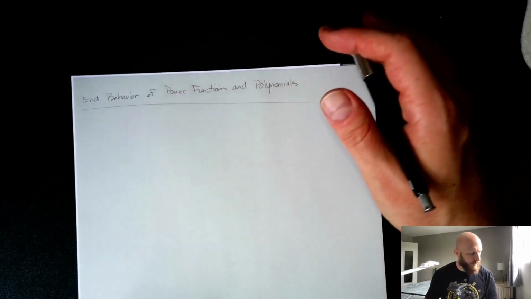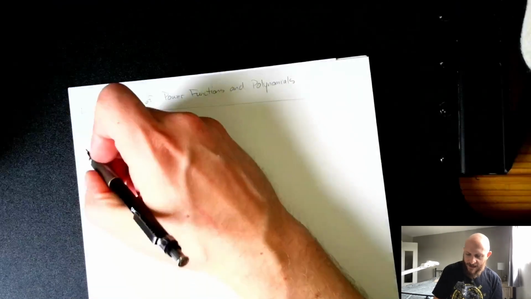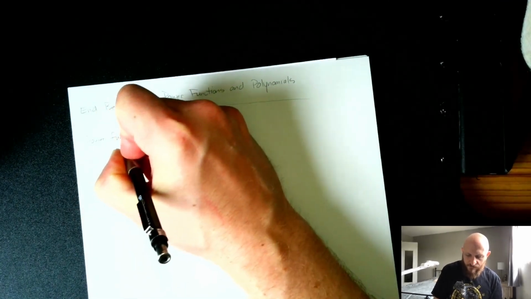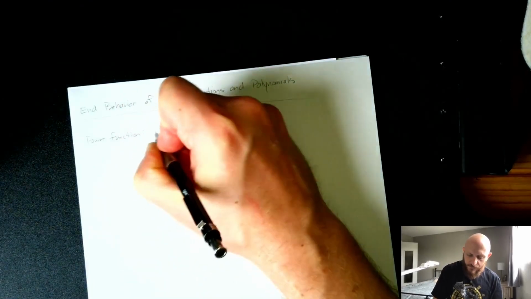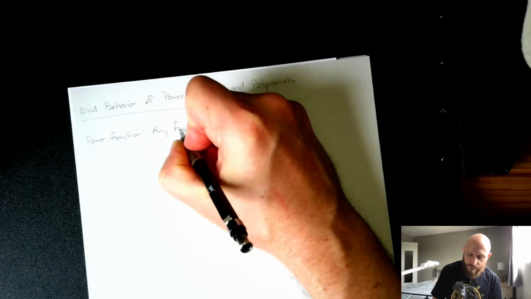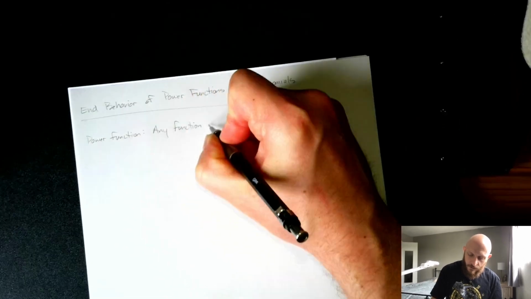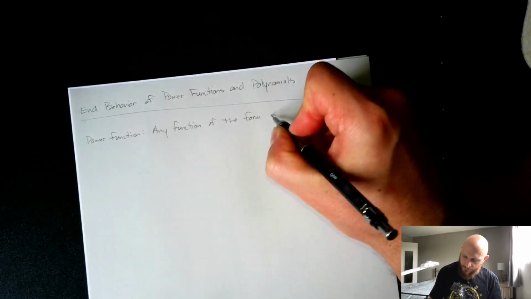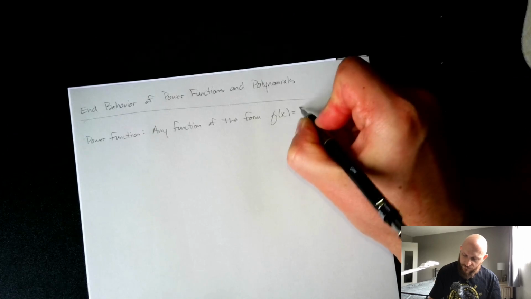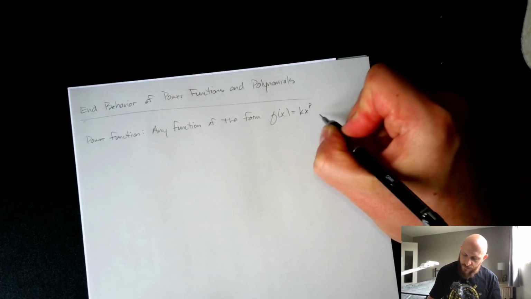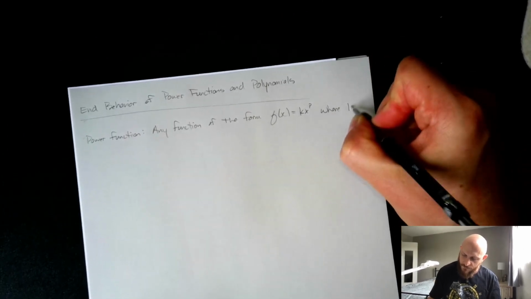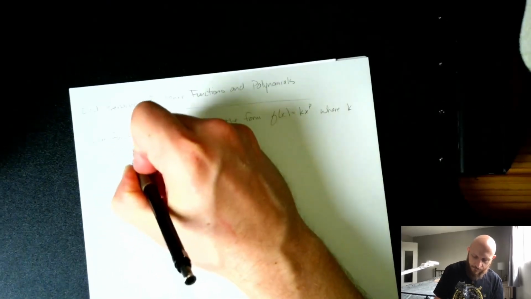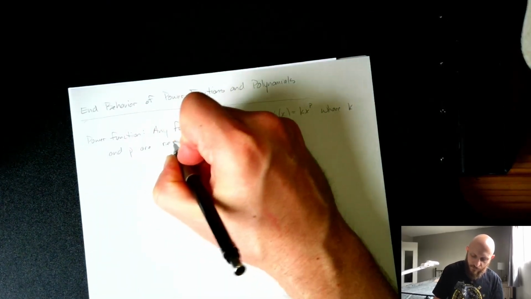All right, so we'll start off with defining a power function. A power function is any function of the form f of x equals kx to the p, where k and p are real numbers.